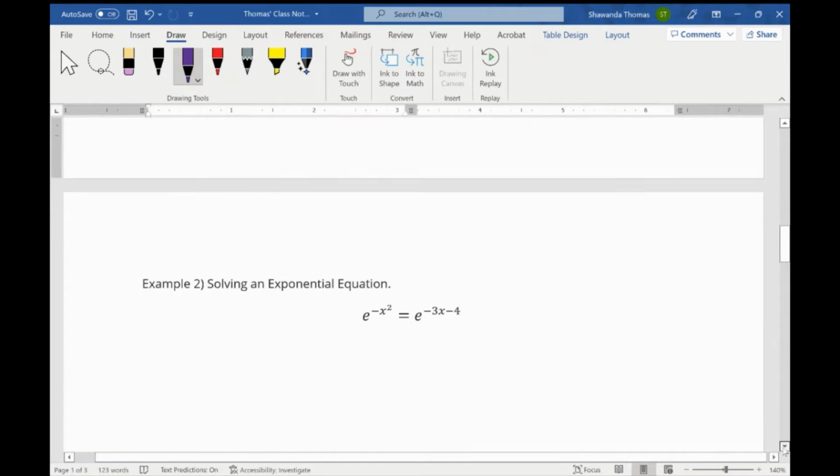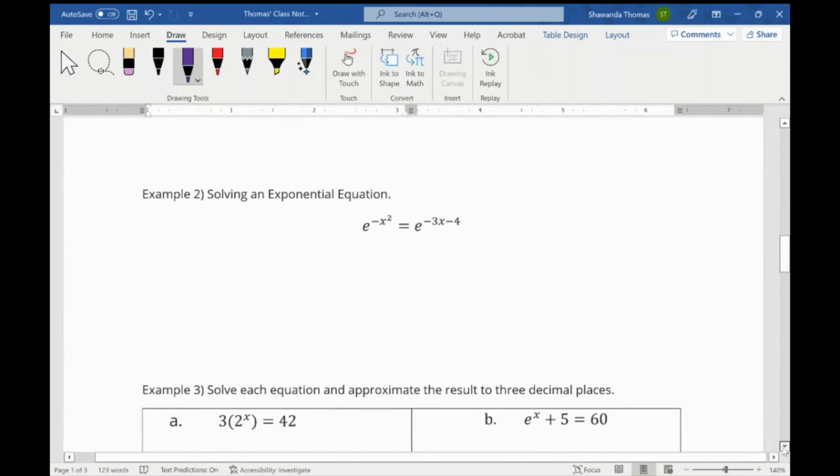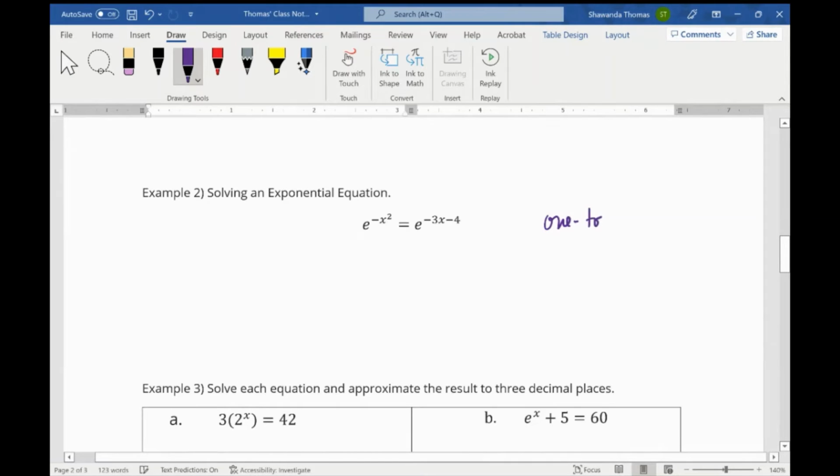Example 2, solving an exponential equation. Look at this, there are e's on both sides. So this is the one-to-one property. I love the one-to-one property, especially if the bases are already the same on both sides. Then all we have to do is set the exponents equal to each other. So we set -x squared equal to -3x minus 4.